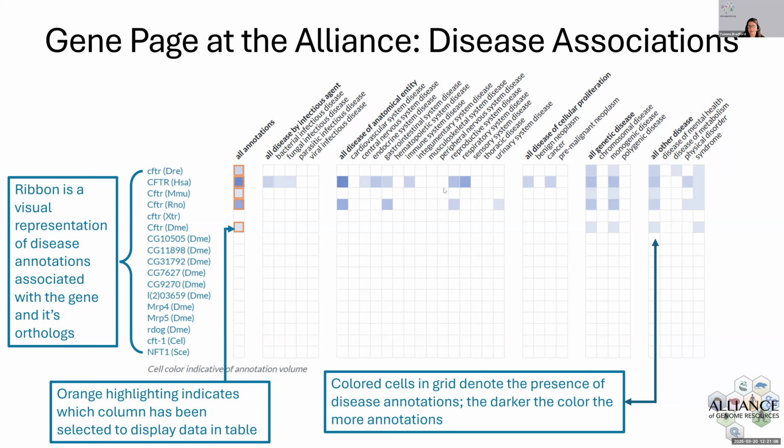The colored cells in the grid denote the presence of disease annotations for that particular topic and gene. And then the darker the colors, the more annotations there are for that particular category and gene.